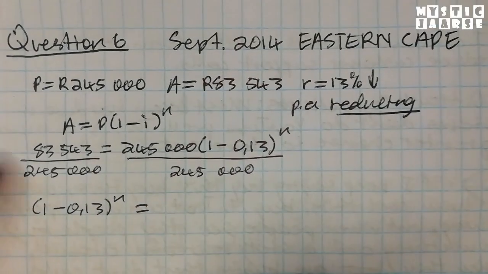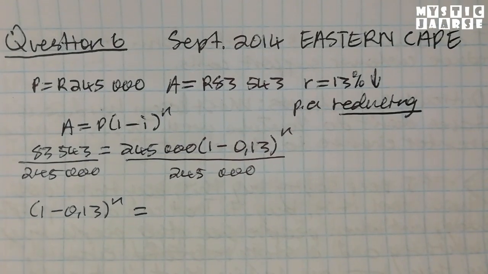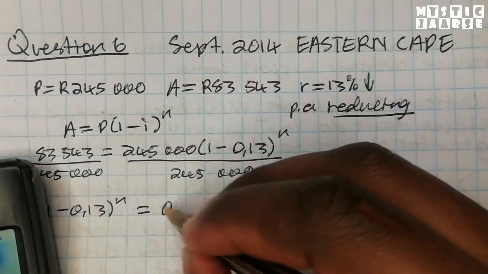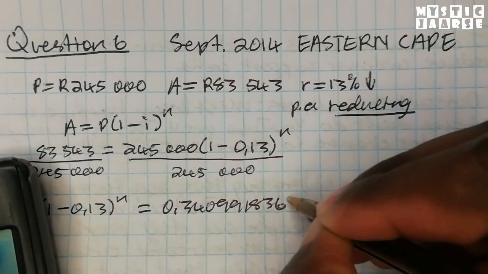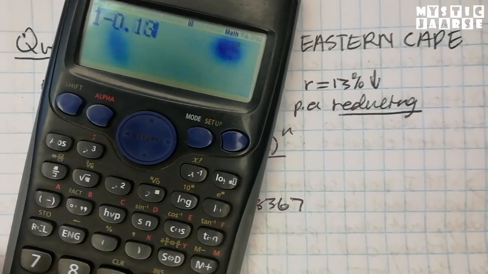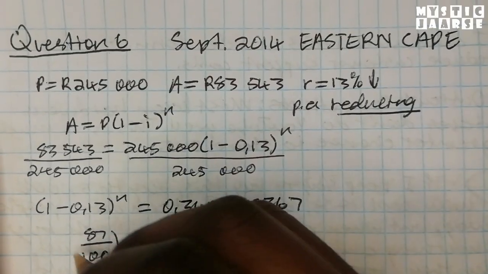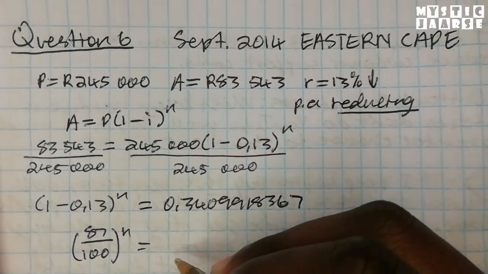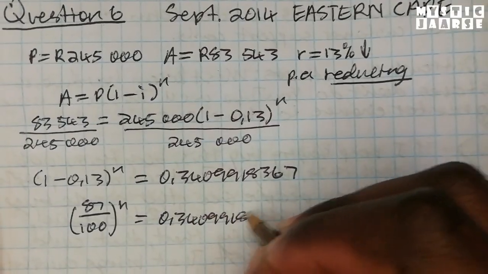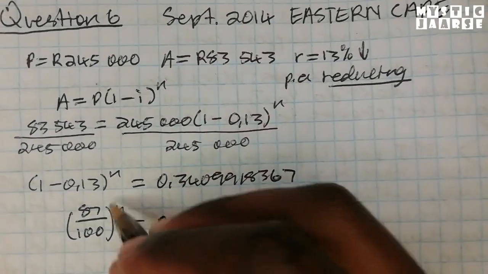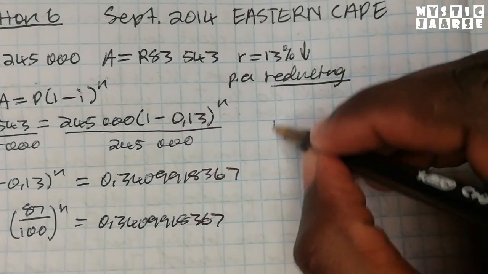So we have (1 minus 0.13) to the power of n is equal to the ratio of accumulated amount divided by principal amount, which is 0.3409918367. 1 minus 0.13 is 87 divided by 100, to the power of n, equal to 0.3409918367. Now n is a power, so in order for us to solve for n we have to use logarithms.